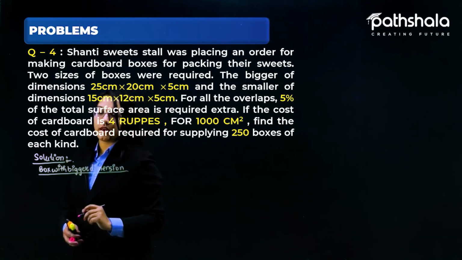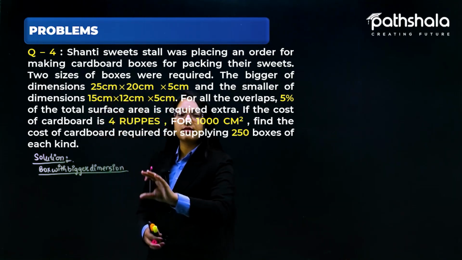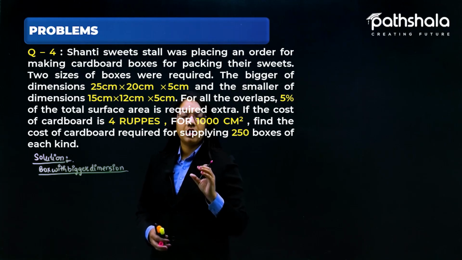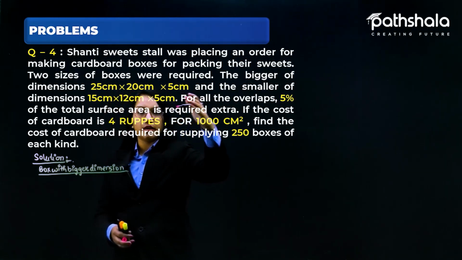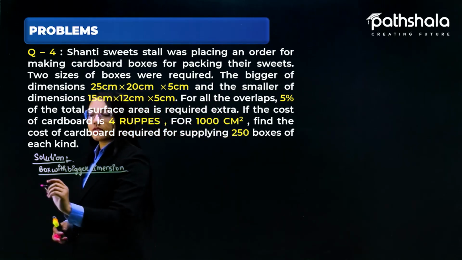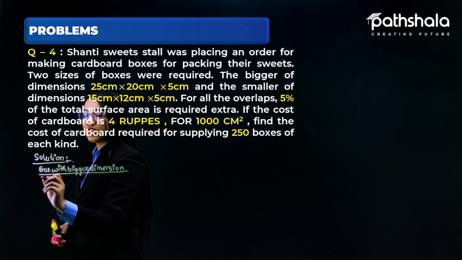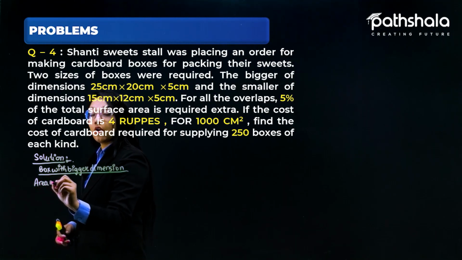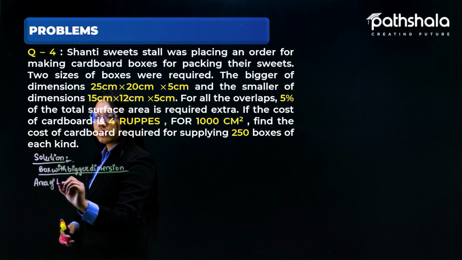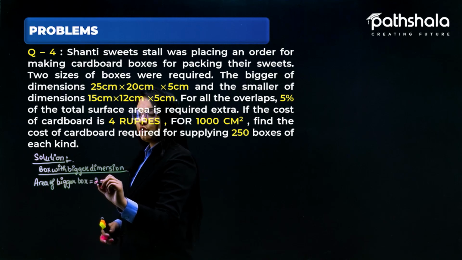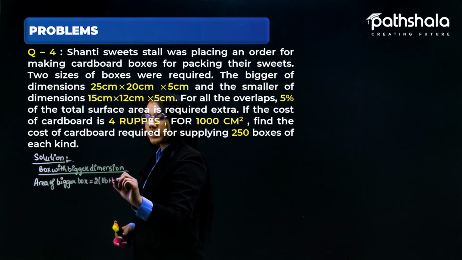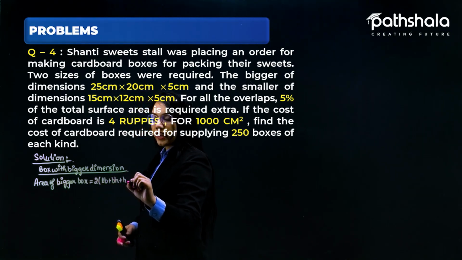So I'm calculating the surface area of the bigger box that has these dimensions. We know that the surface area of the box, or we can say the area of the bigger box, should be equal to 2 into (LB plus BH plus HL).